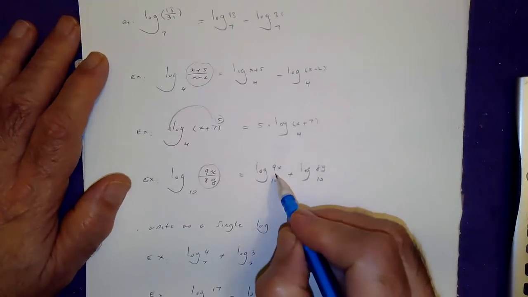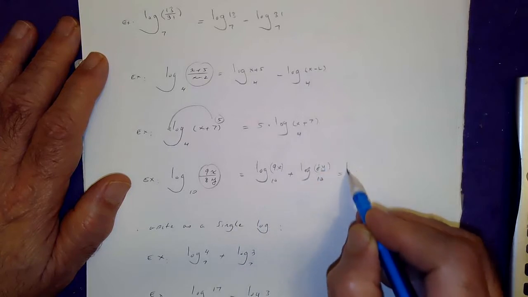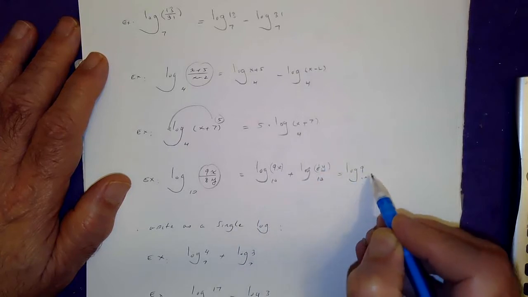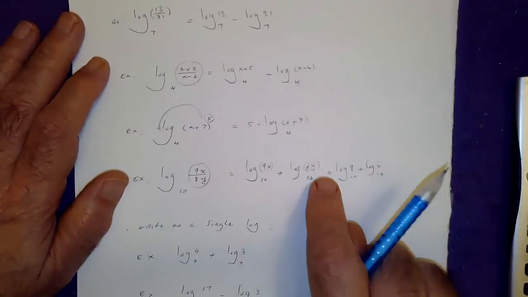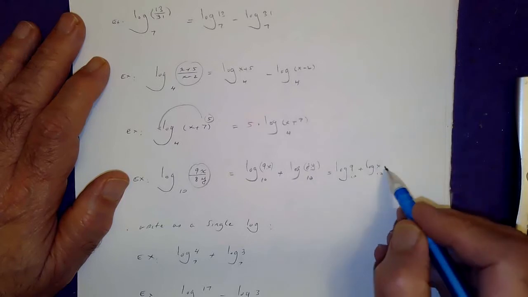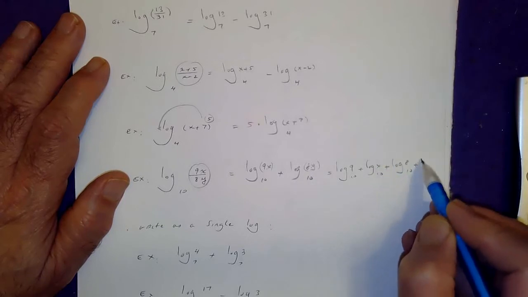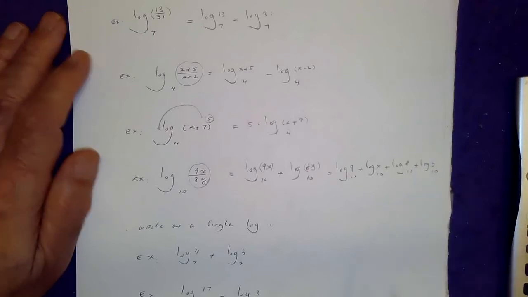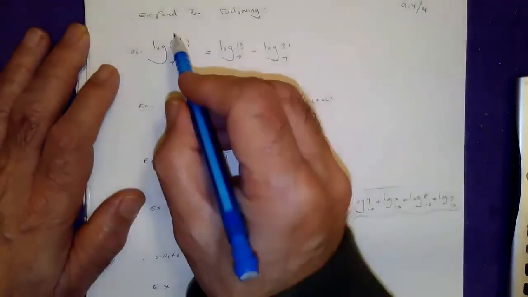But wait a minute, there is a multiplication here, so the product rule applies. So that's log of 9 base 10 plus log of x base 10. I can apply the product rule for 8 times y. So that would be log of 8 base 10 plus log of y base 10. So this is what they mean by expand.